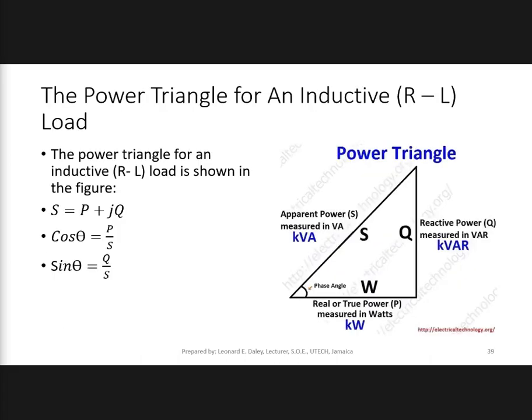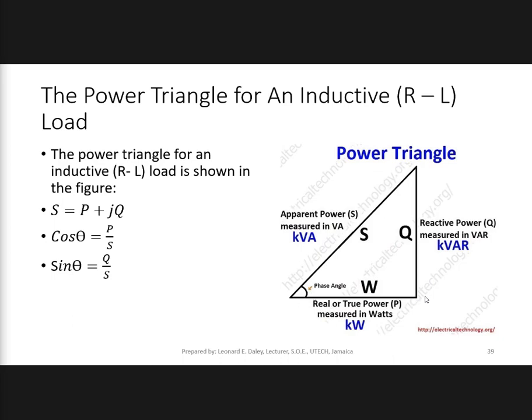All right, so the power triangle for an RL load is shown here. What we're talking about now is the power triangle for an RL load. So this is what the triangle looks like. Notice now Q is going vertically up, right?